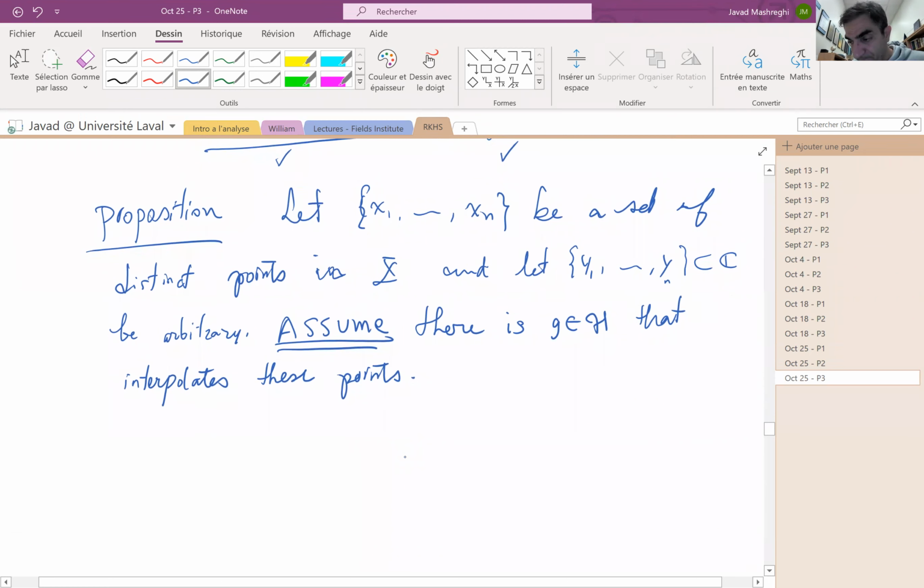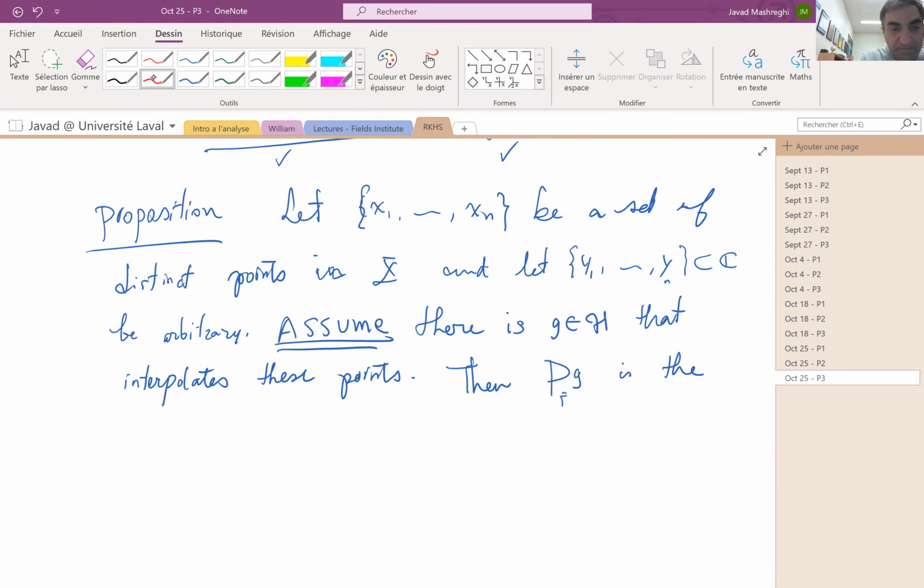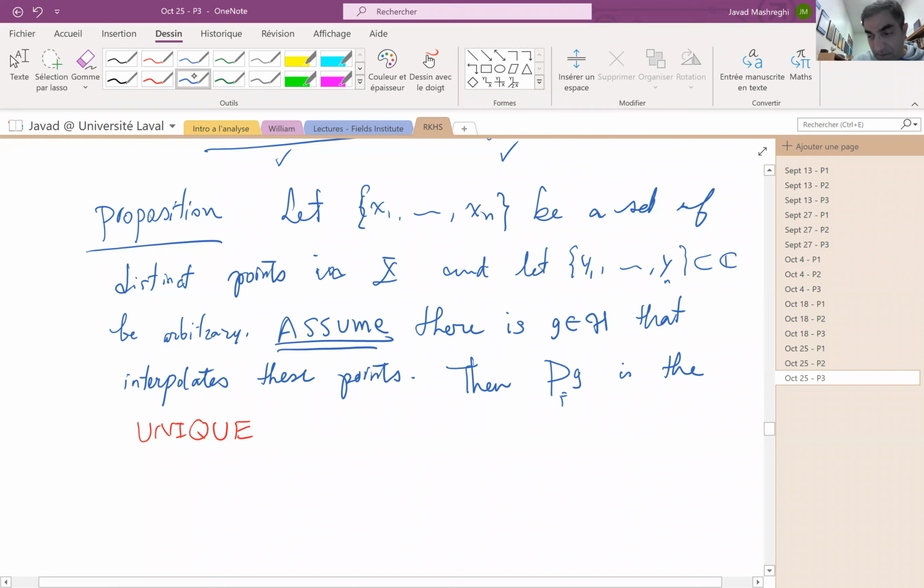Then the projection of G is the unique function of minimum norm that interpolates these points.